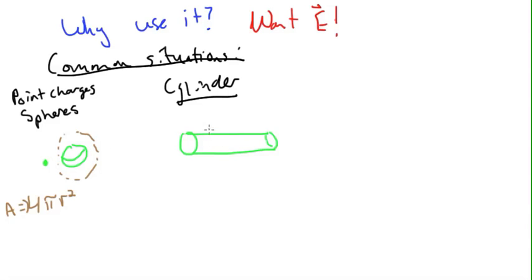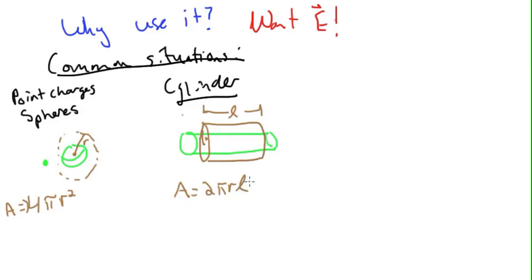What you want to do is draw a concentric cylinder, a cylinder that's big enough to encapsulate this. It's going to have some length L, and some radius R. So the area here is just going to be 2 pi R L.